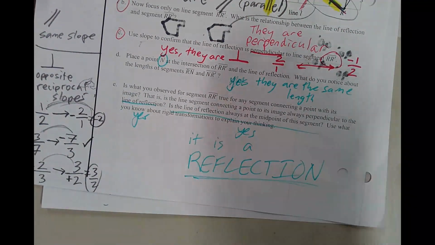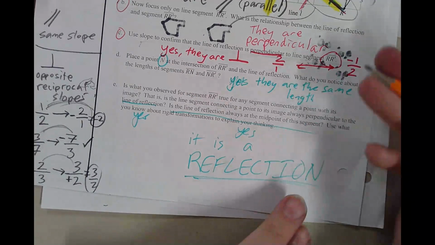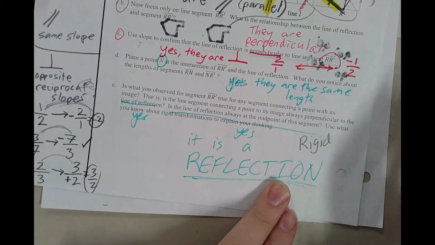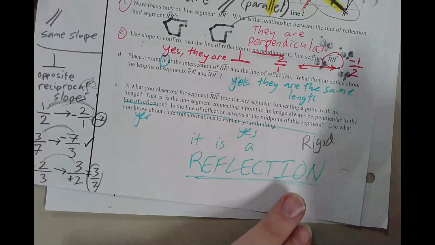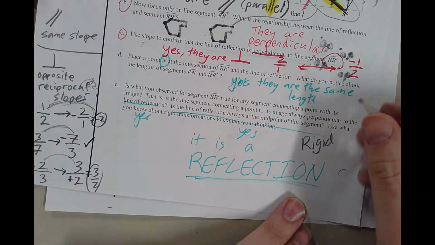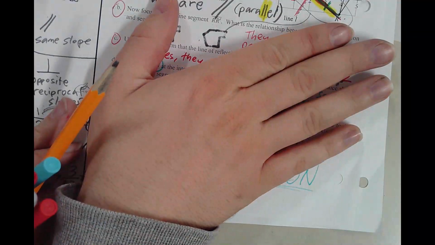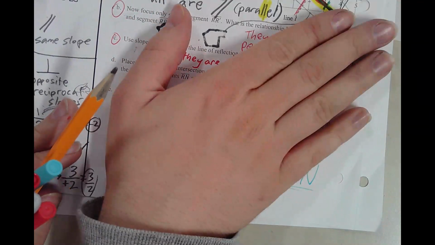What's another way to say the same? That's why they call it rigid. Rigid means the lengths and things stay the same. When I rotate something, like my hand, does the length of my hand stay the same?